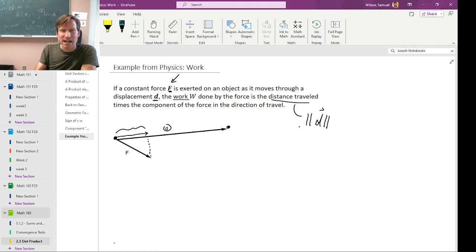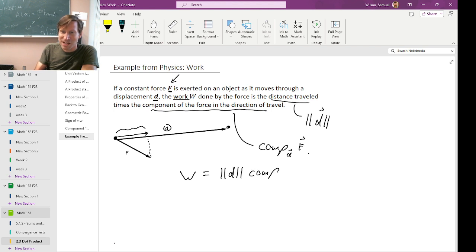And the component of the force in the direction of travel is the component in the direction d of the force F. So the work is the magnitude of d times the component in the direction of d of F.